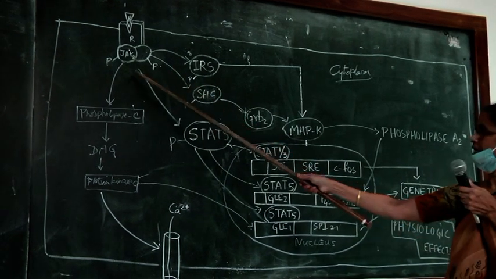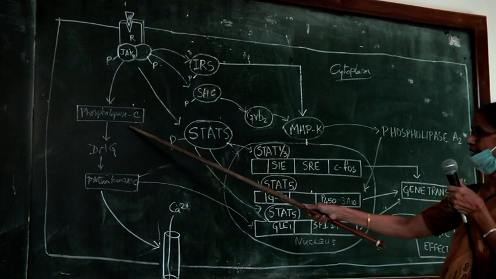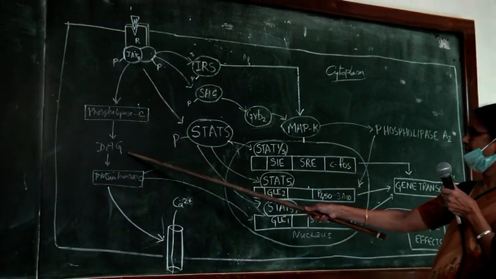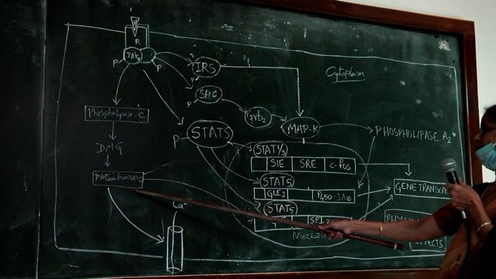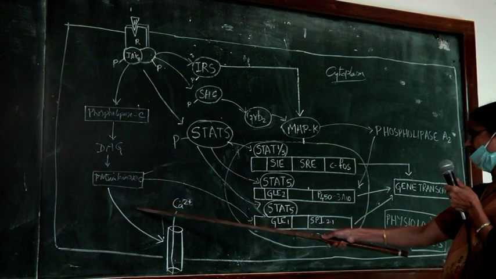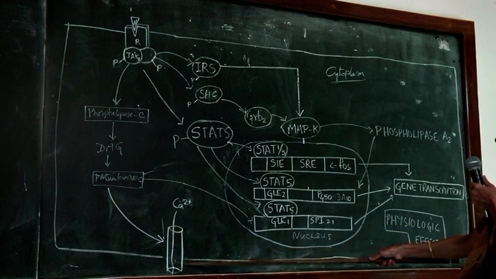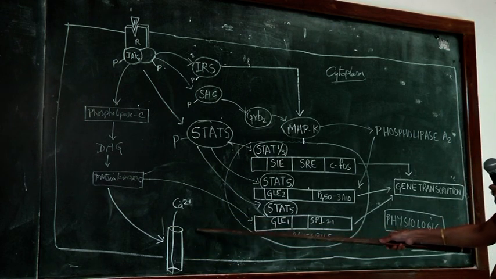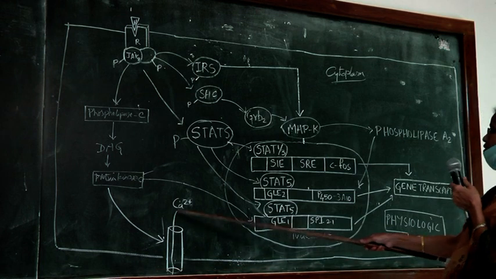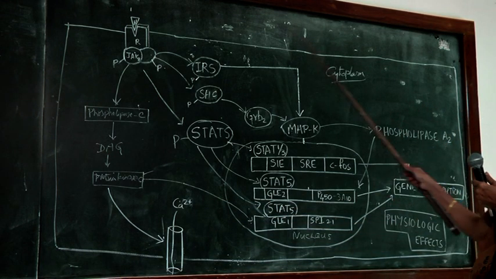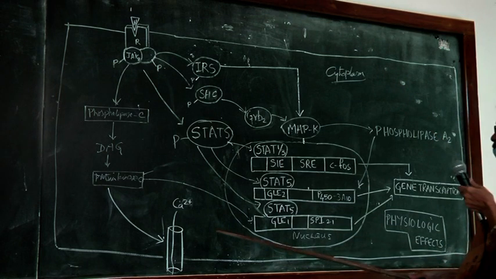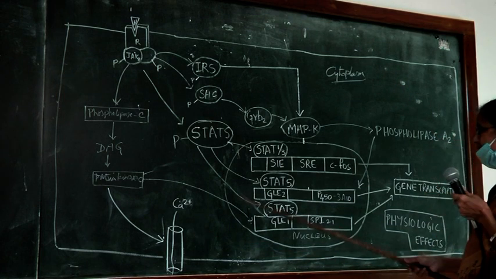Again, this JAK also induces phospholipase C, and diacylglycerol is activated, and then protein kinase in turn is activated, and this, with the help of the calcium influx from the extracellular fluid, will enter the cell. This is the whole cell where the growth hormone is acting, that is the target cell.